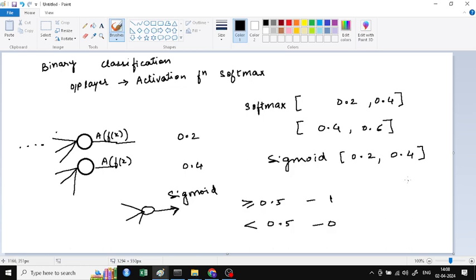So what is the formula for sigmoid? 1 upon 1 plus e raised to minus z. If you think about it, sigmoid is just converting a single value to a probability, whereas softmax is considering multiple values and then converting them into probabilities.